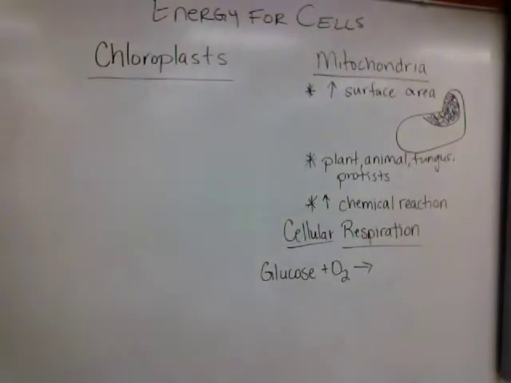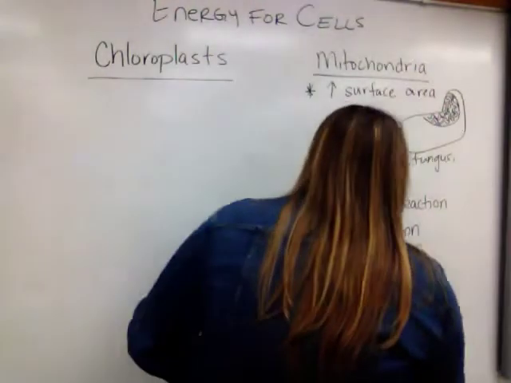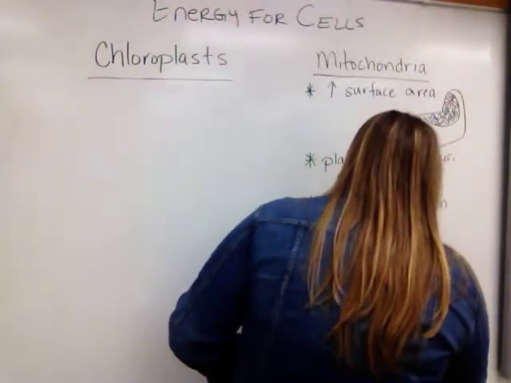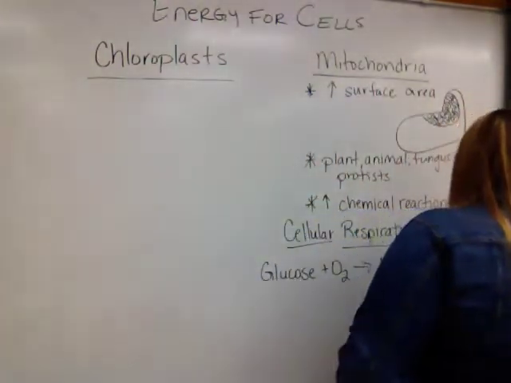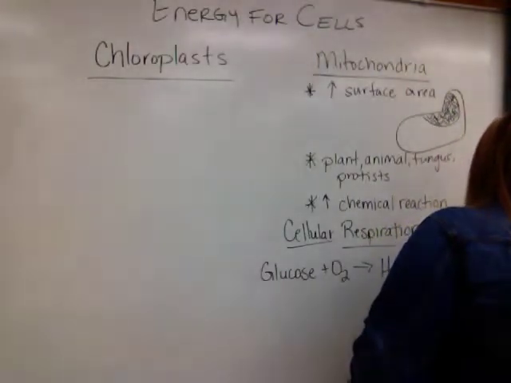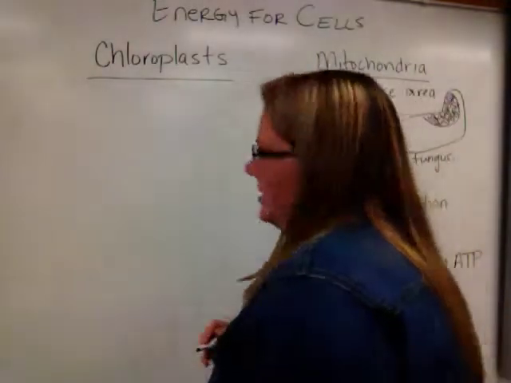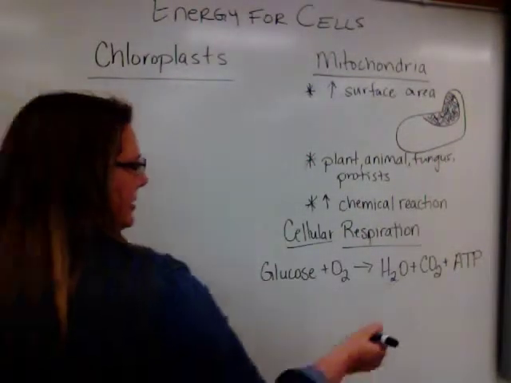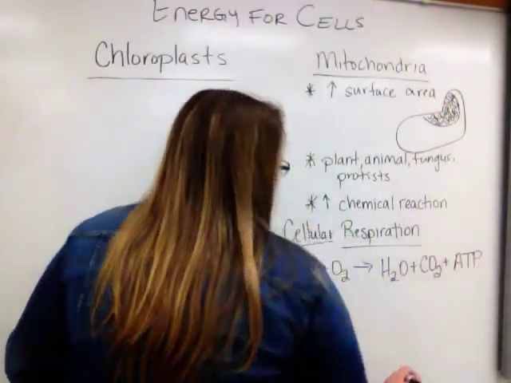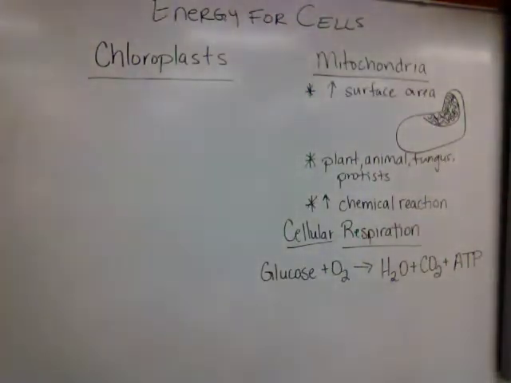So the reactants are glucose and oxygen, and it's going to give us as waste products water, carbon dioxide, and ATP, which is the unit of energy that our cells can use. If you remember, when we talked about energy through ecosystems, we said ATP was the cash for the cells.